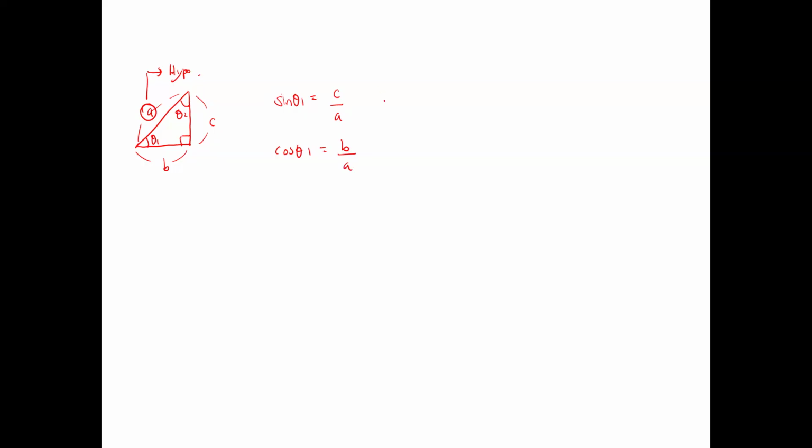If you multiply A to both sides, you can see C is A times sine theta 1, and B is A times cosine theta 1. So here is C equals A sine theta 1, and B equals A cosine theta 1. So far so good. This is not complicated, right?